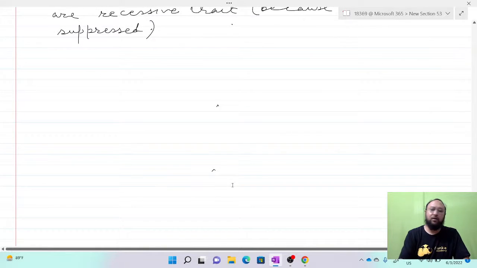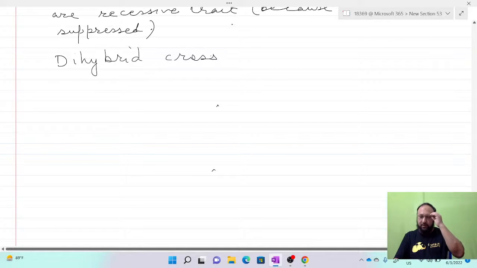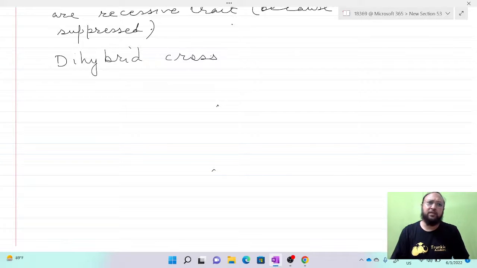Okay. Now coming to another experiment he did, that was his dihybrid cross. In the dihybrid cross, he considered two characters. Now try to understand this point. What was his actual intention of conducting this dihybrid cross?